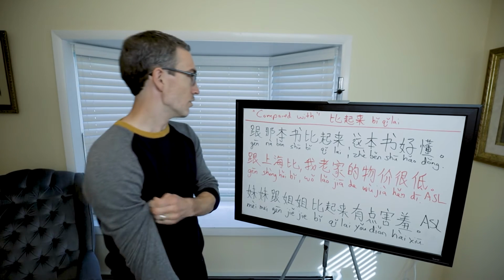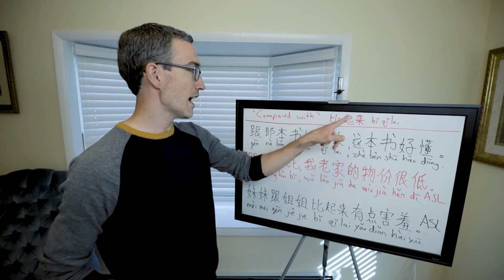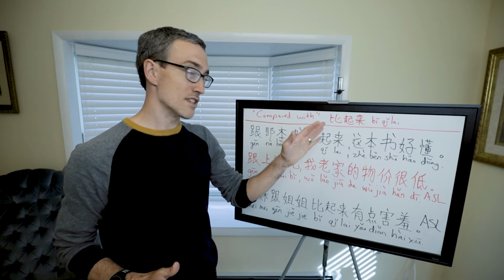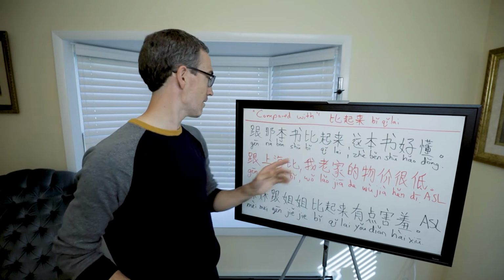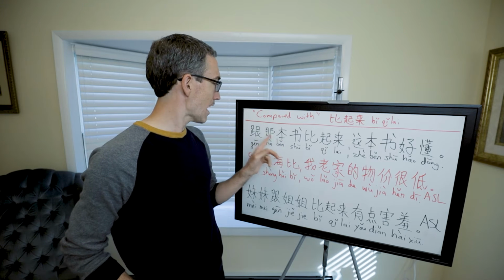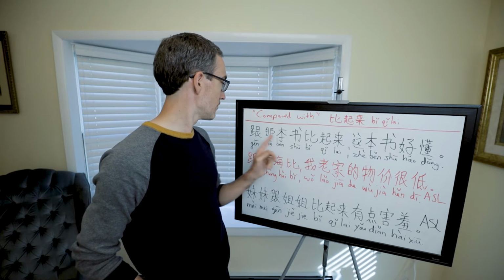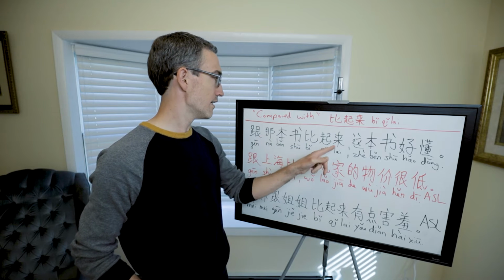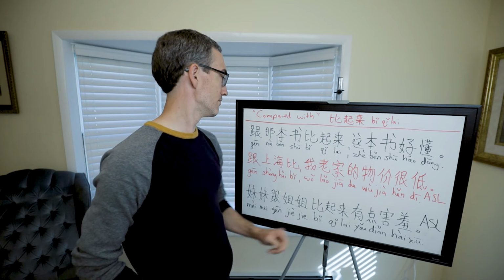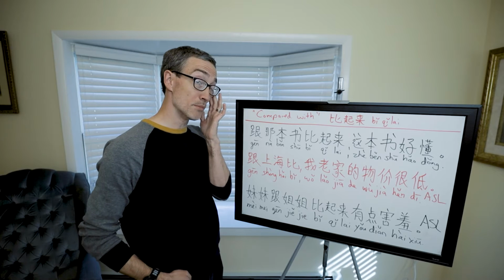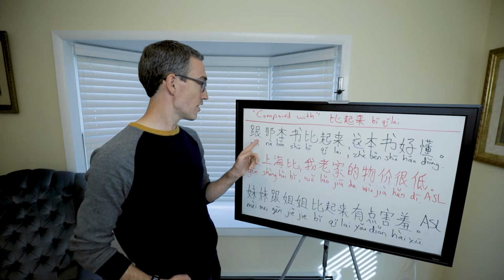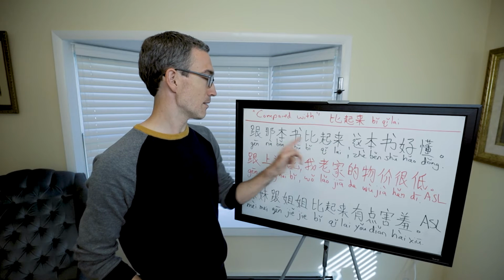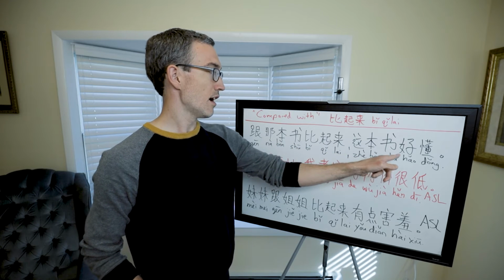All right, so here we go. We have 比起来. Now the 起来 is optional. You can just say 跟 something 比, or you can say 跟 something 比起来. 跟那本书比起来,这本书好懂. All right, what does that mean? 书 means book. So that book and this book. With that book compared, this book, 好懂.